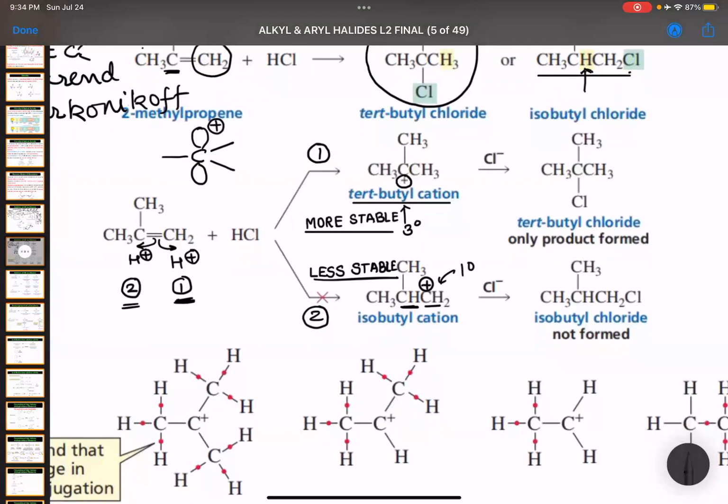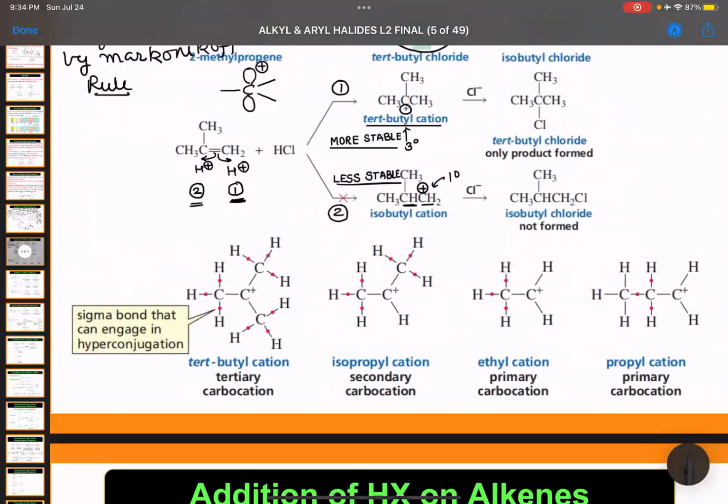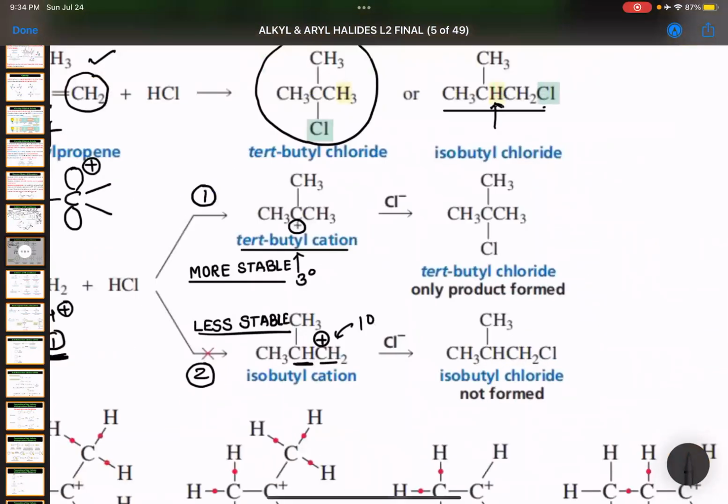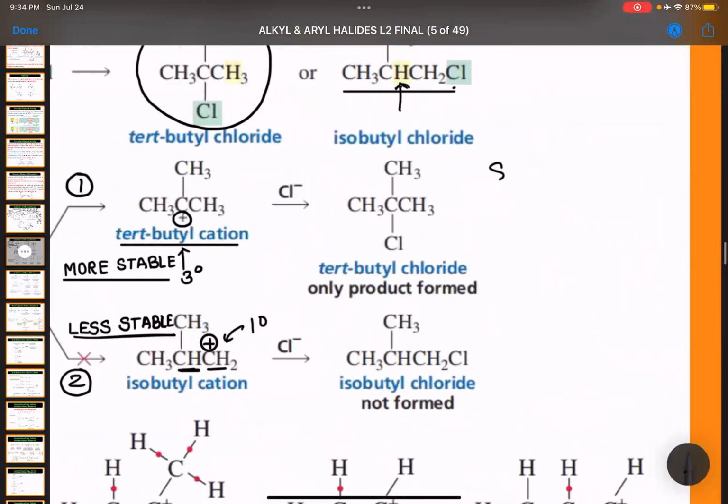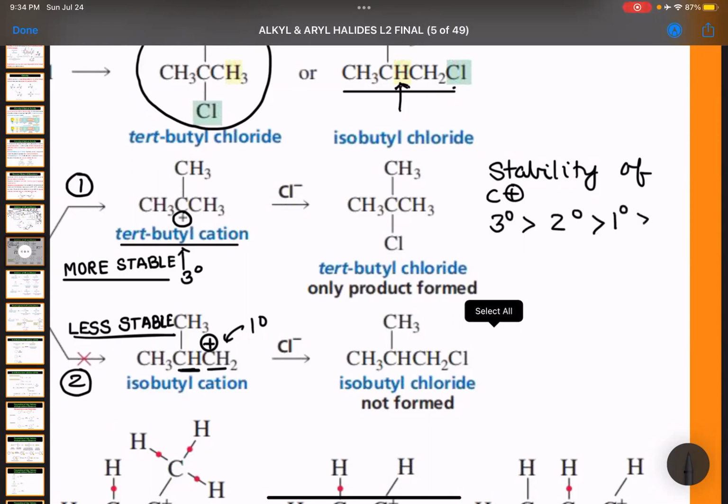So the stability order of carbocation is, you can write it, and this is useful not only in this chapter but in all the chapters, in all the examinations. Tertiary carbocation, secondary carbocation, primary carbocation, and CH3 plus.